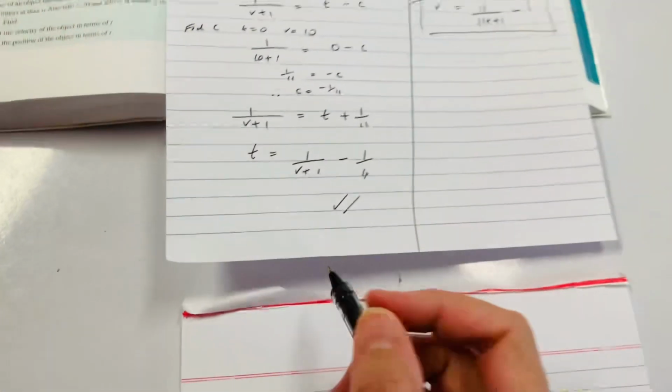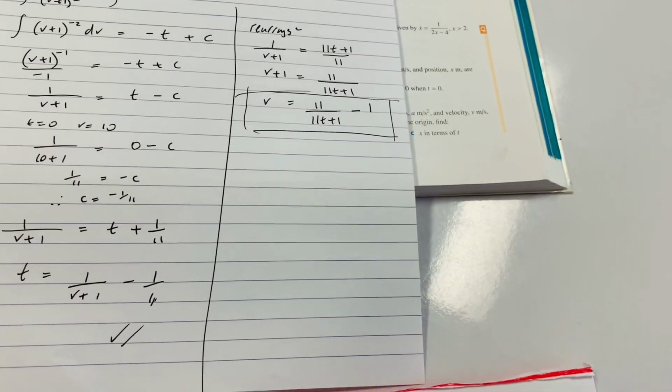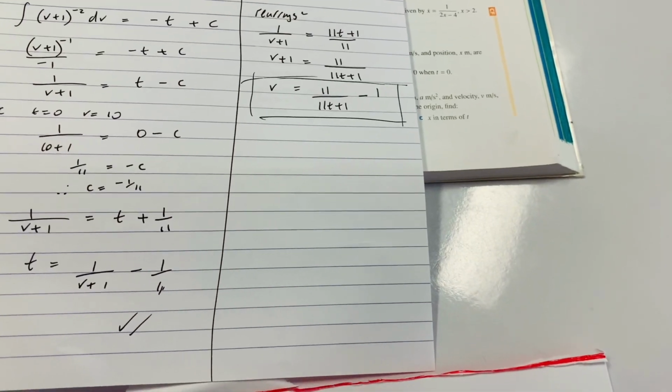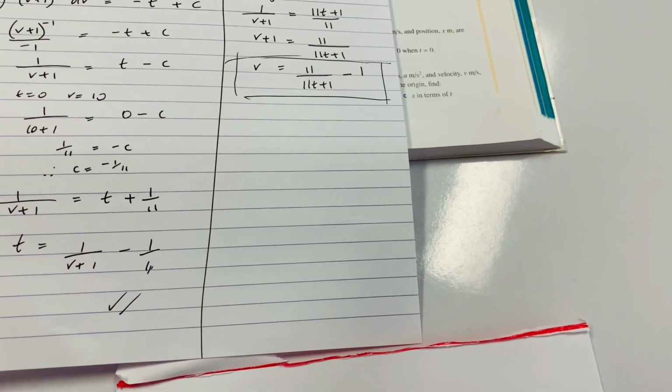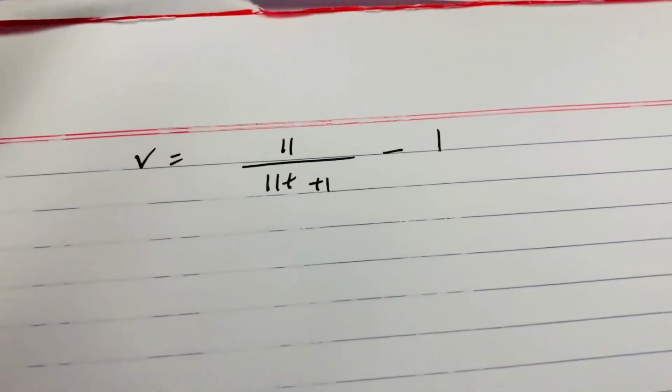Now, what happens if we want to find the position? This is where I think having it in the v is easier. So v equals 11 over (11t plus 1) minus 1. And we want to take that to position.